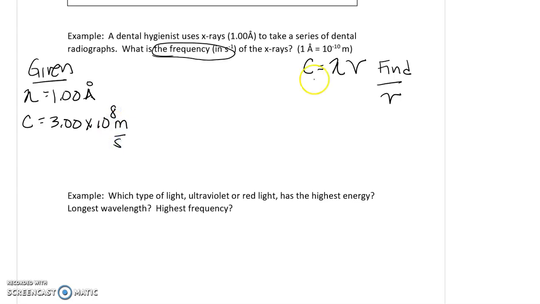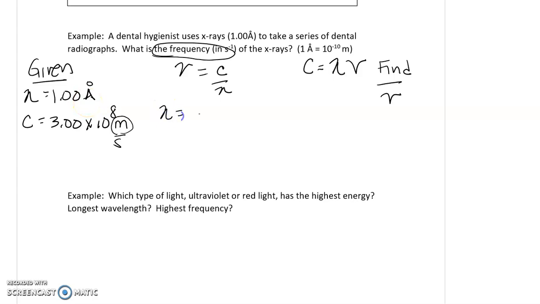Now, if we're going to use this formula, we want to find nu. So let me solve for nu. So nu equals c over lambda. And again, it makes sense because they're inversely proportional. So here, notice that our speed of light has the unit meter, but we have angstroms for our wavelength. So we're going to have to convert that so we can solve our problem.